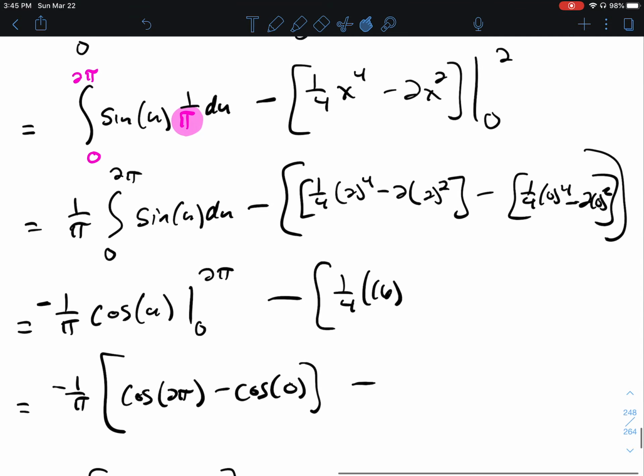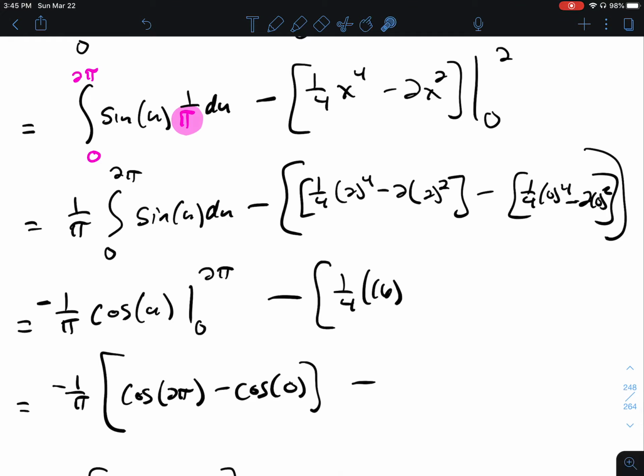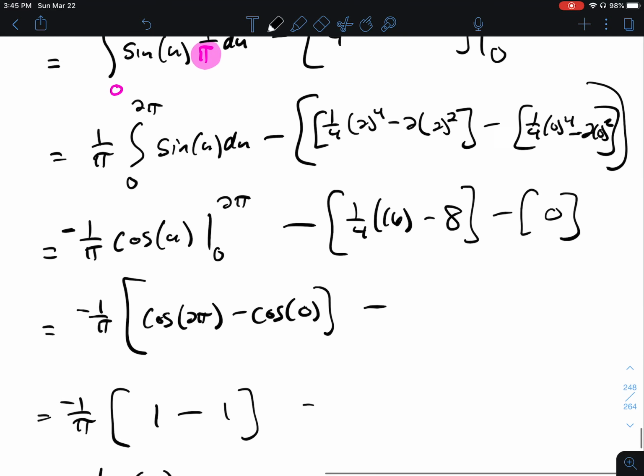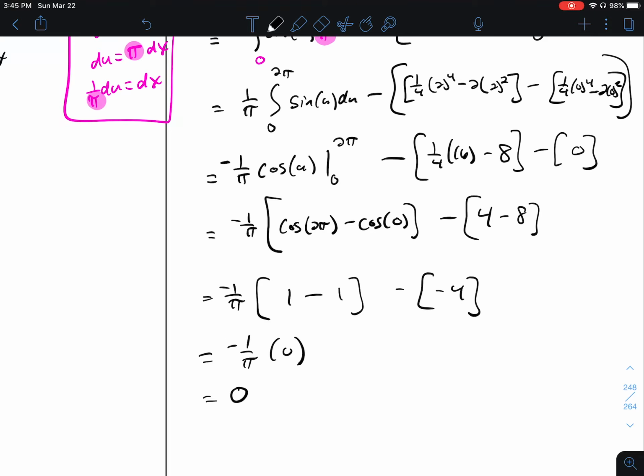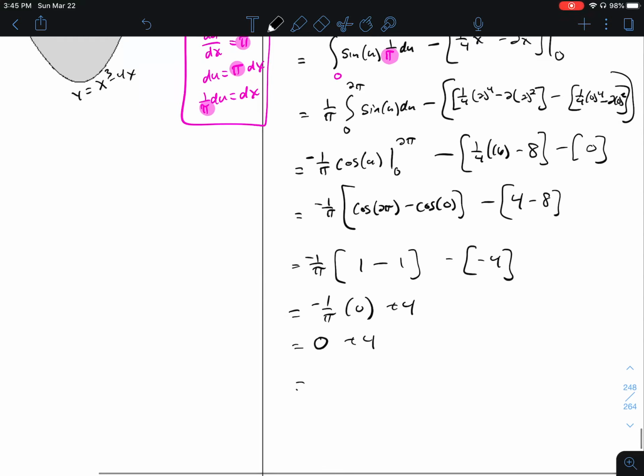And over here, 2 squared is 4, times another 2 is 8. We're subtracting 8 from this. This whole thing over here is 0. So 1/4 of 16 is 4. We've got 4 minus 8, which is negative 4. Subtracting a negative 4 is like adding a 4. So we end up with positive 4.